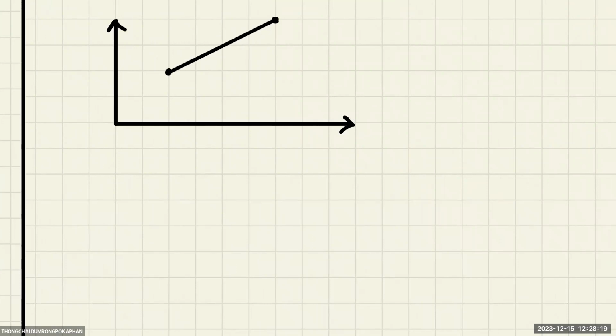And this line is called polynomial degree 1. This polynomial degree 1 has the general form of some constant a plus bx. I will increase the power later, okay?